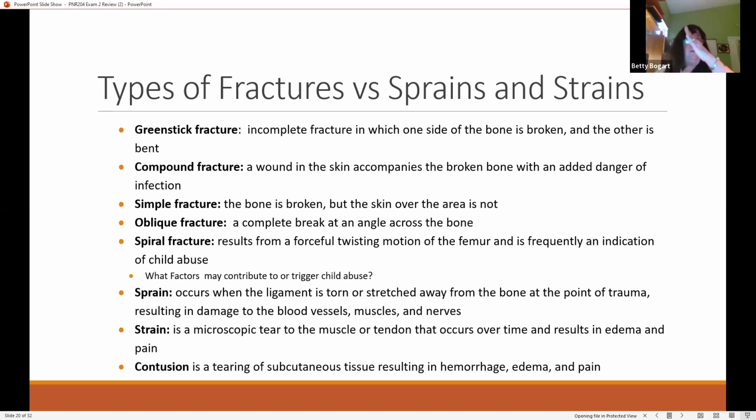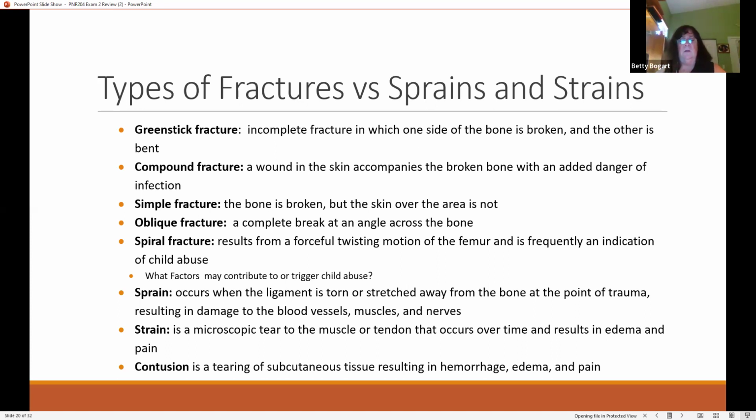Now, oblique just says it's crossways, it's an angle. Now, the one that we need to be really concerned about is what we call a spiral fracture. It's sort of cracked this way, and they grab the kid's arm and twist it and pull it, and it's very common in child abuse, okay? Now, there are a lot of things that could trigger child abuse. And what are those things?